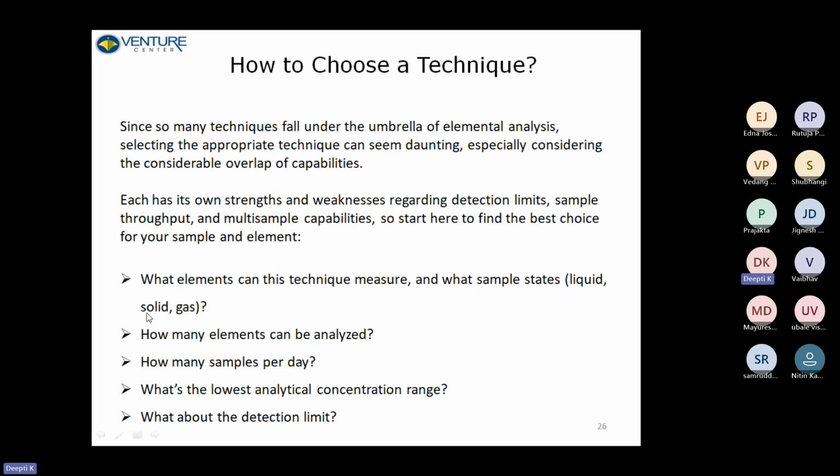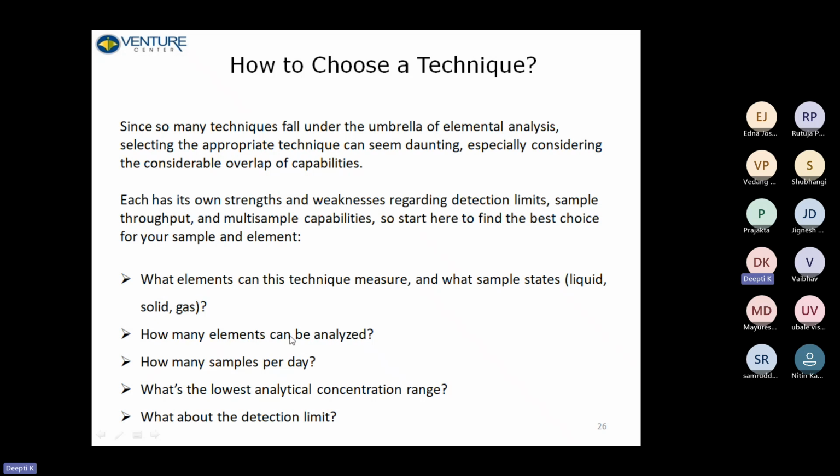Is it a solid or a liquid or a gas? If it is a solid, we have to convert it into a liquid form. If that seems troublesome, and if that is out of the question, then for determination of solids, XRF is the only technique available.